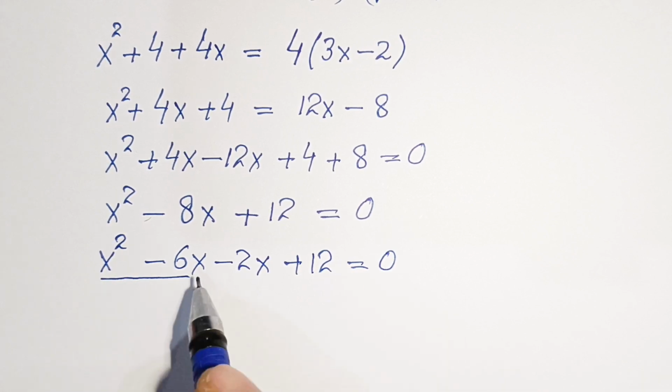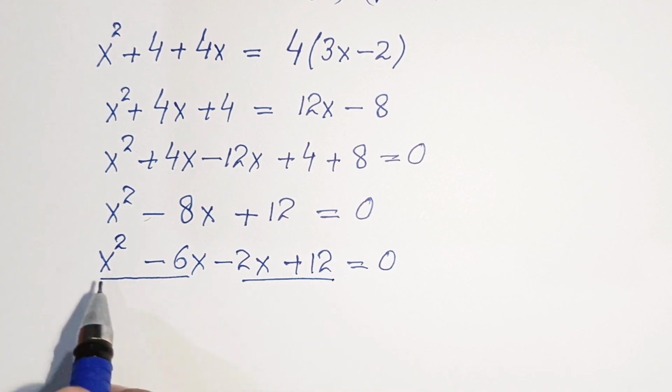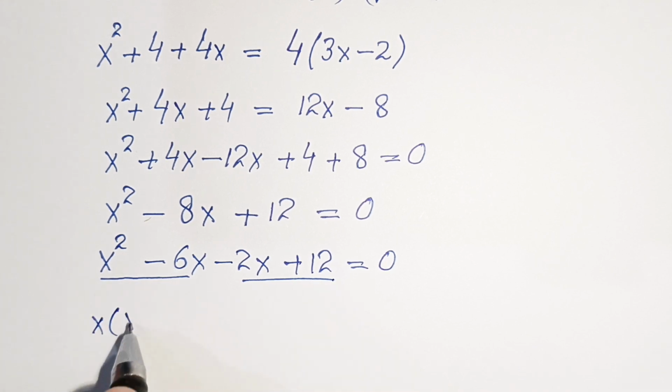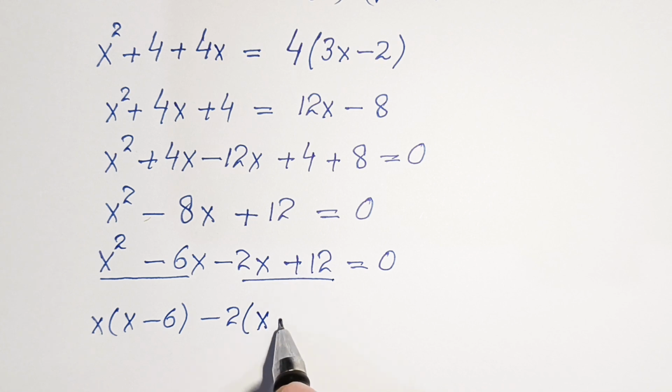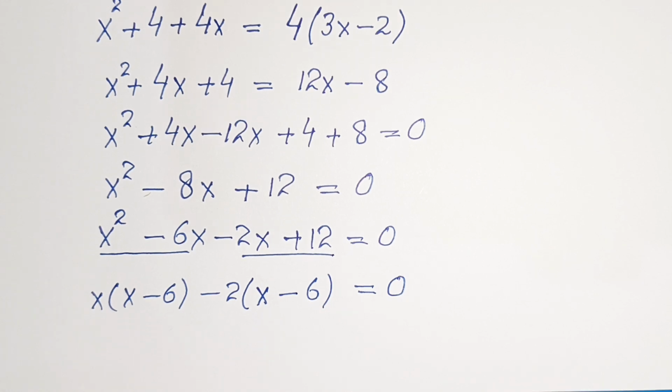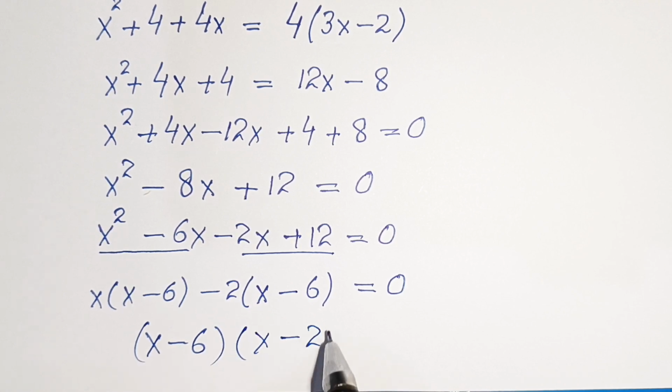Now it is our first pair and it is our second pair. So taking x common from our first pair, we get x times x minus 6, and here we have minus 2 times x minus 6, minus times minus is plus, which is equal to 0. Now here we have the common term x minus 6, and the other factor is x minus 2.